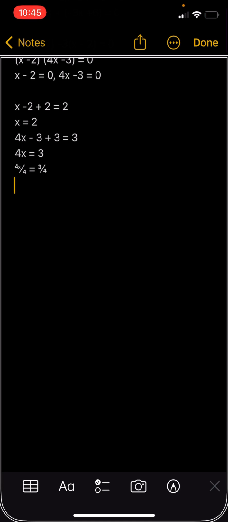On the left side, the 4's will cancel out, leaving the x alone. And on the right side, we will have 3/4. So the two values for x here are 2 and 3/4. That's the solution to that one.